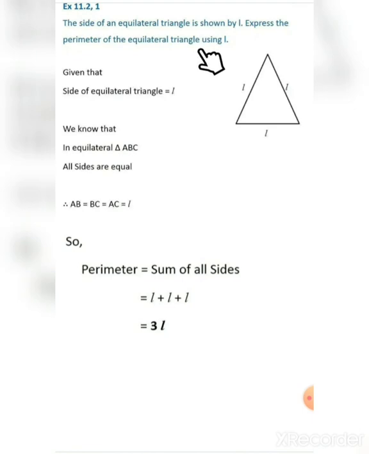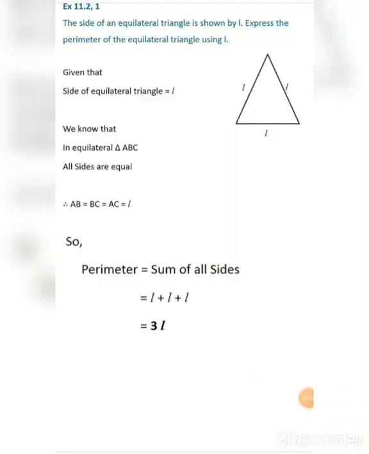Perimeter means the summation of its boundary, it is called perimeter of any closed figure. So here perimeter of equilateral triangle means summation of all the three sides gives you the perimeter, and here you are supposed to use the variable l.